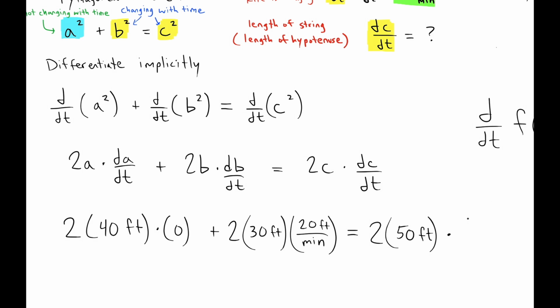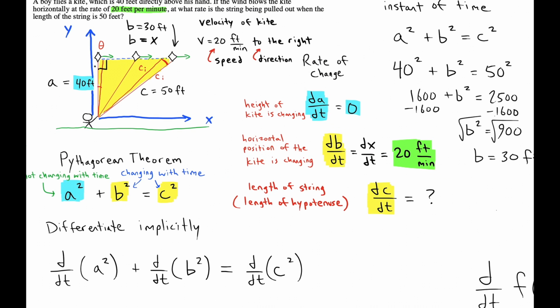And what the question had asked us for was to tell the rate that the string is being pulled out. This is the thing that we're actually being asked for right here, dC dt. How is the length of this hypotenuse changing as time goes on? That is dC over dt.